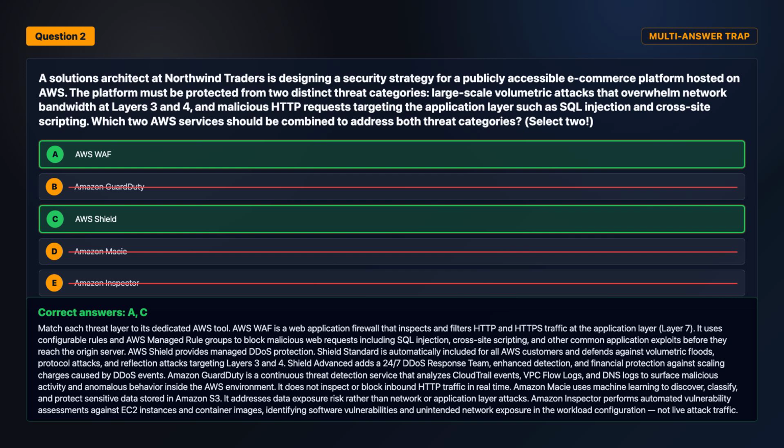Amazon Macie uses machine learning to discover, classify, and protect sensitive data stored in Amazon S3. It addresses data exposure risk rather than network or application layer attacks. Amazon Inspector performs automated vulnerability assessments against EC2 instances and container images, identifying software vulnerabilities and unintended network exposure in the workload configuration, not live attack traffic.